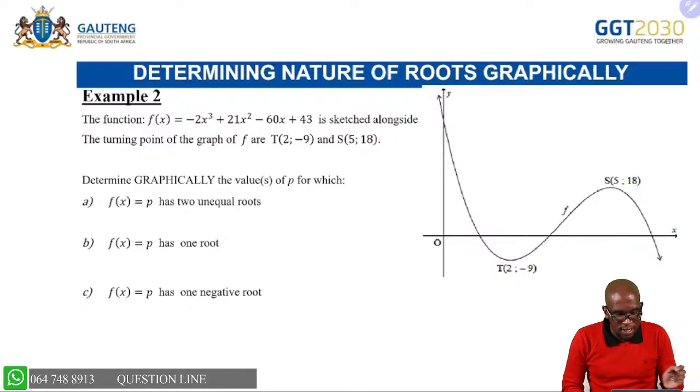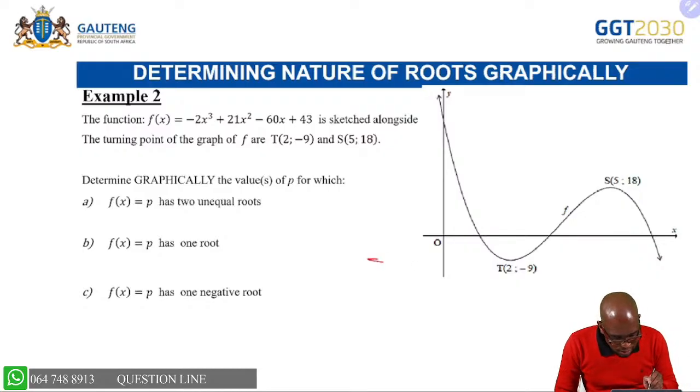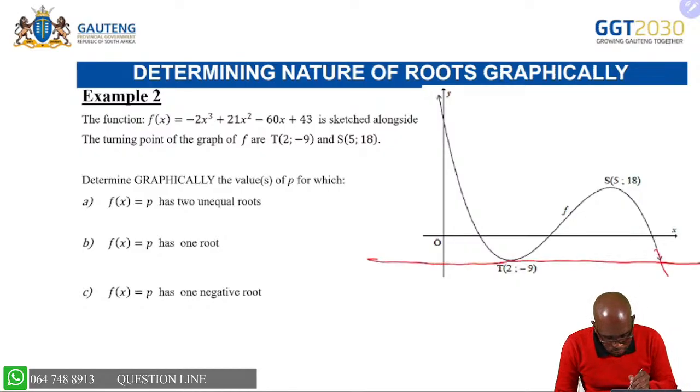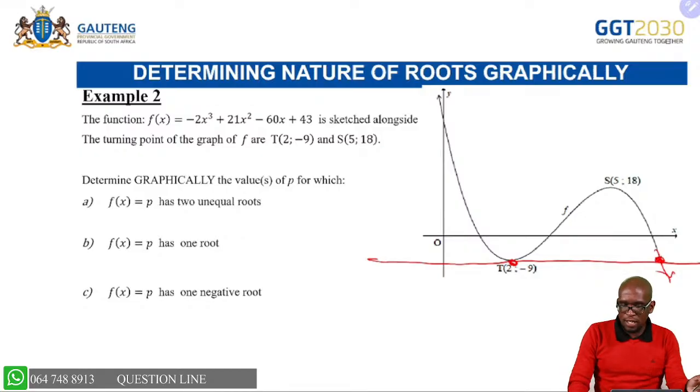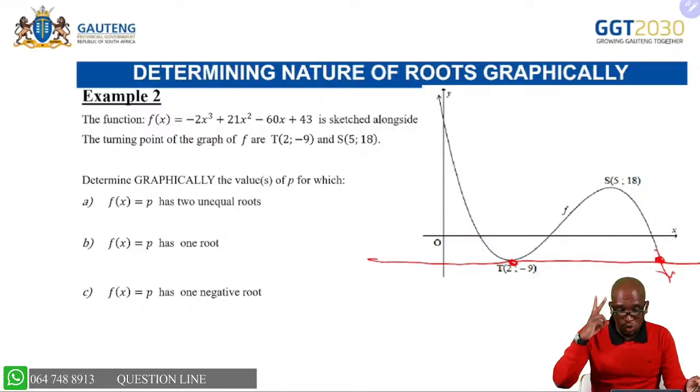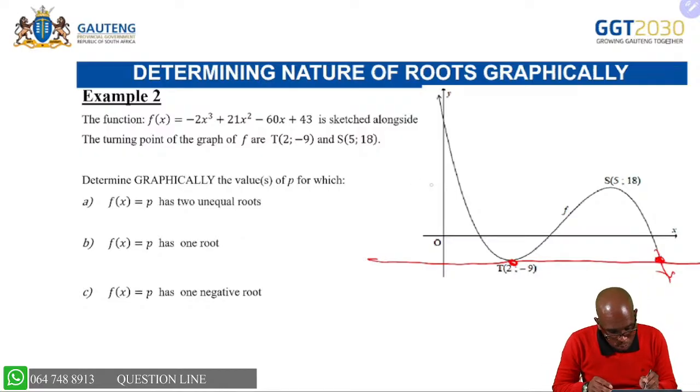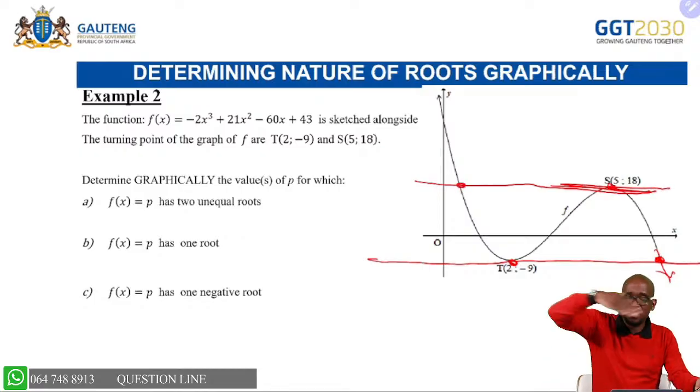You are interested now, if I put the line there, extending or extrapolating the graph, how many times does the graph touch? It touches twice. So I have 2 roots, or 2 positive roots. Also at this turning point, the line touches the graph twice.